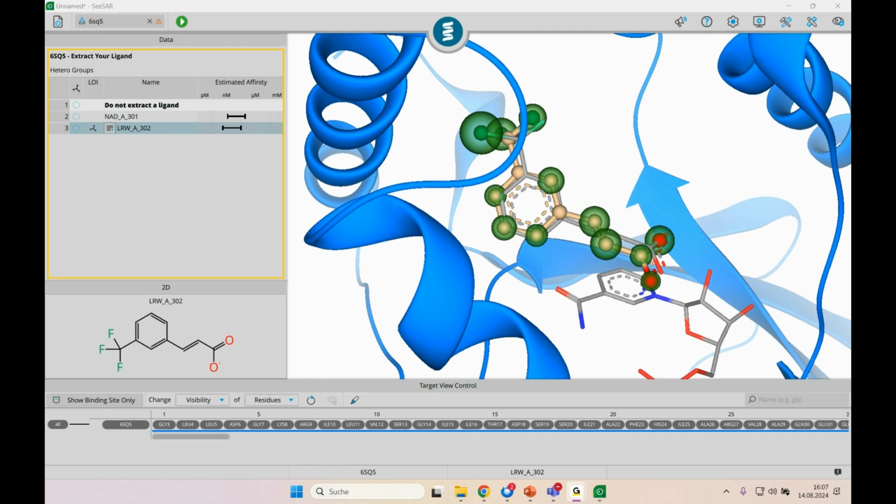And if it is possible to address these selectivity issues, we're also going to see if it is possible to design a covalent inhibitor. We're just going to see. If the answer is no, it's no.